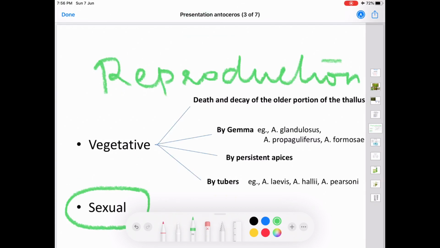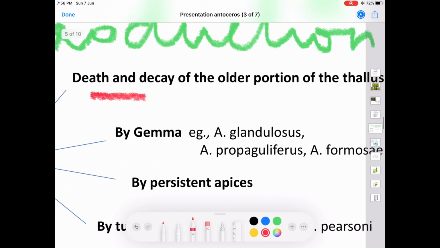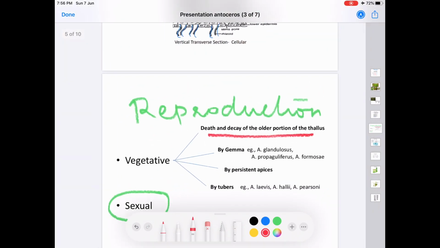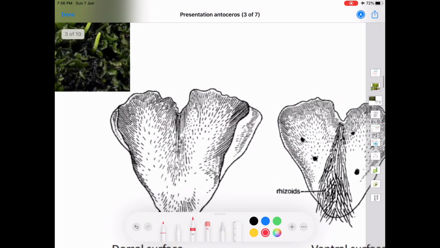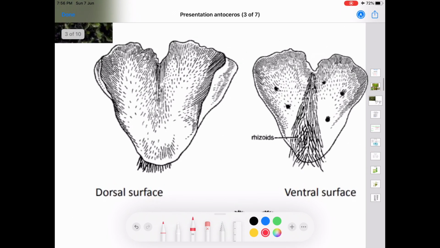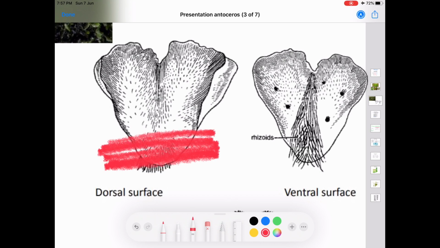Among these, the first method is death and decay of the older portion of the thallus. In this, the basal or posterior part of the thallus starts disintegrating. That is, the basal region starts disintegrating due to aging or drought.